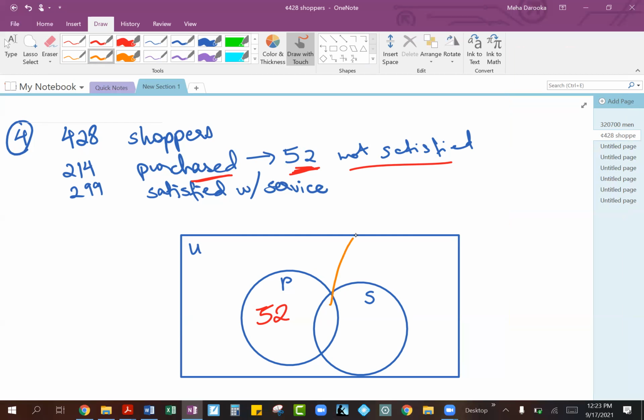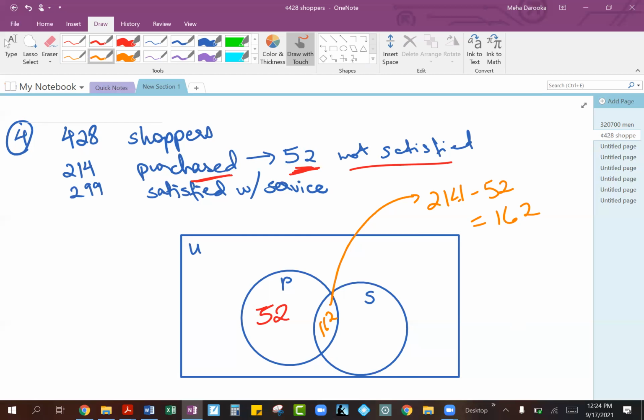So for this area here, you are doing 214 minus 52. And what does that come out to be? 162. All righty. So that means there are 162 shoppers who were satisfied and obviously they made a purchase.